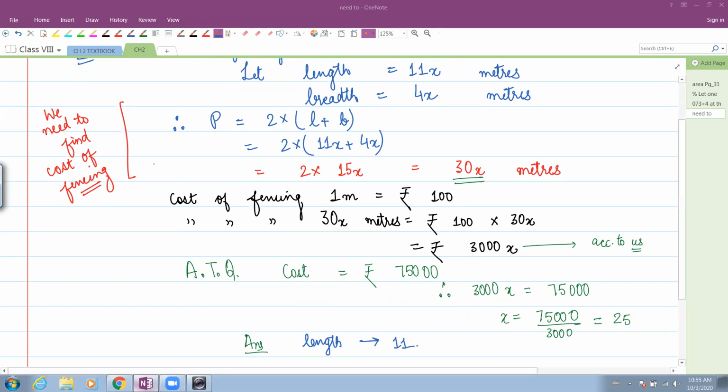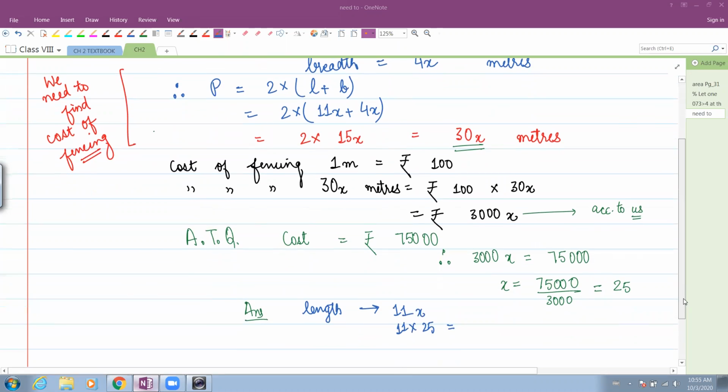Length is 11x. So 11 multiplied by 25. Quickly calculate the answer. 275 meters. Now if you want to check, you can check.